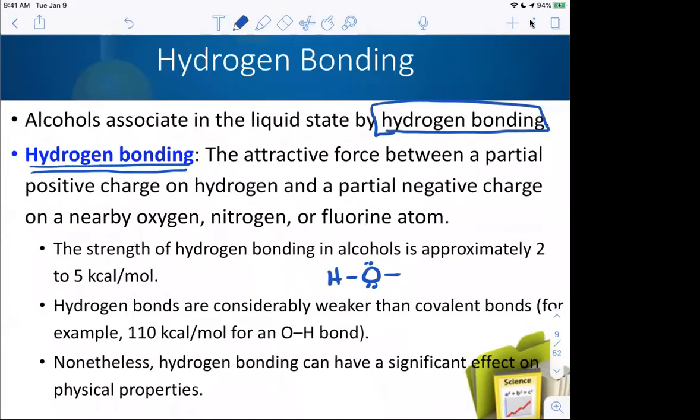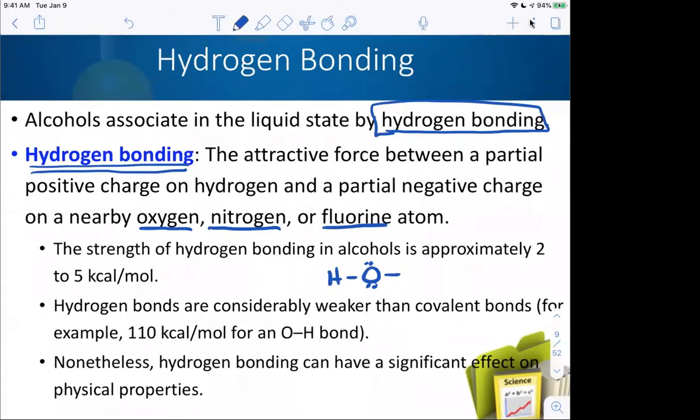It's the attractive force between a partial positive charge on hydrogen and a partial negative charge on a nearby, very highly electronegative oxygen, nitrogen, or fluorine atom. So hydrogen's bonded to oxygen, nitrogen, or fluorine. Those are the only hydrogens that can make a hydrogen bond.